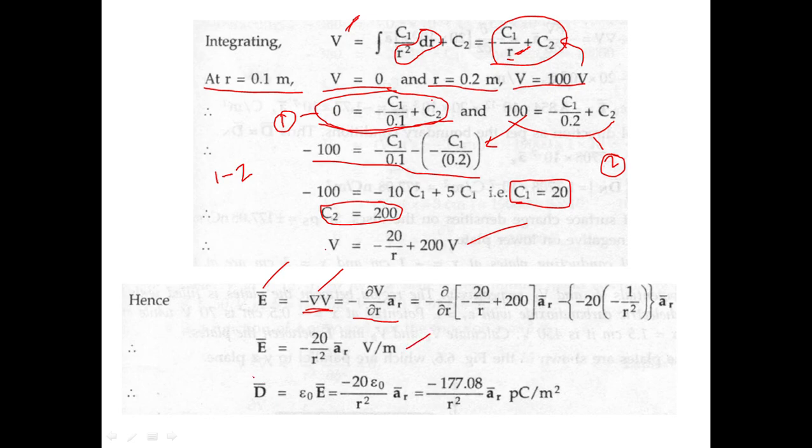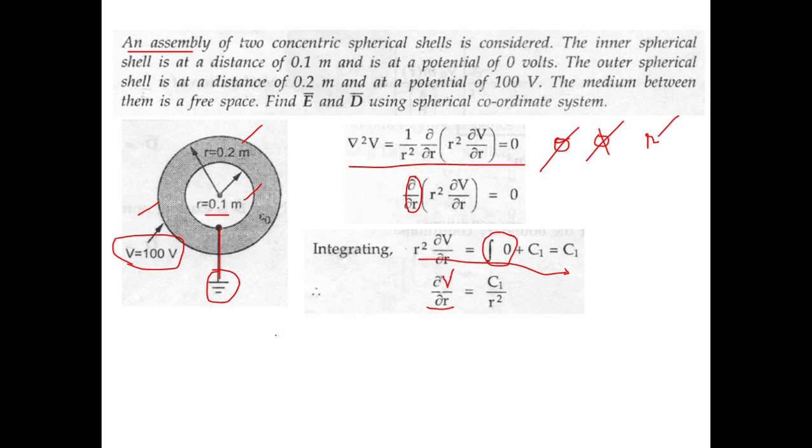And how to calculate the D vector? D vector is nothing but epsilon naught into E. When you solve that, you will get the D vector also. That is what is asked here: find the E vector and D vector using the spherical coordinate system.